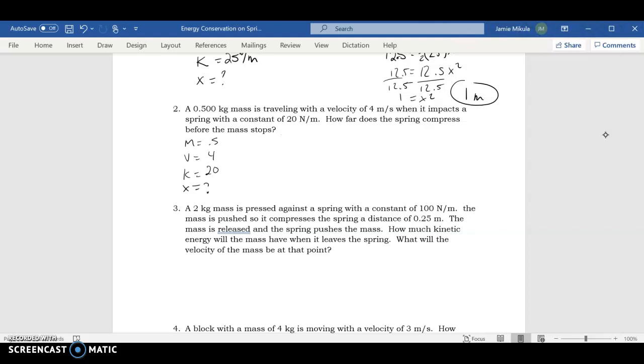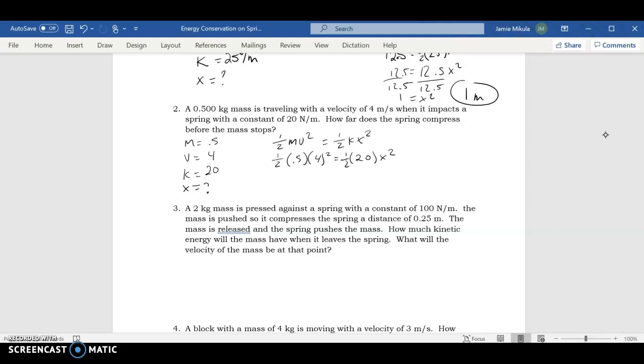So you can say that 1/2 mv squared is equal to 1/2 kx squared. So 1/2 times 0.5 times 4 squared is equal to 1/2 times 20x squared.